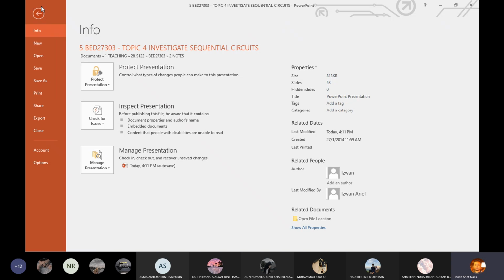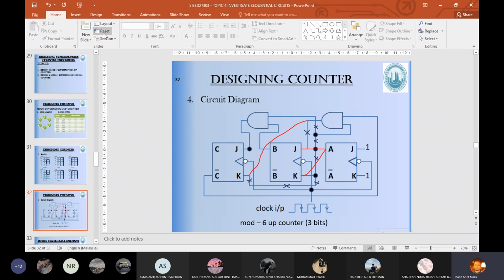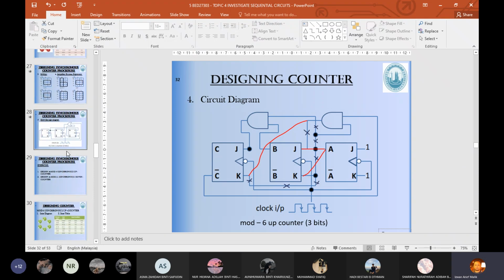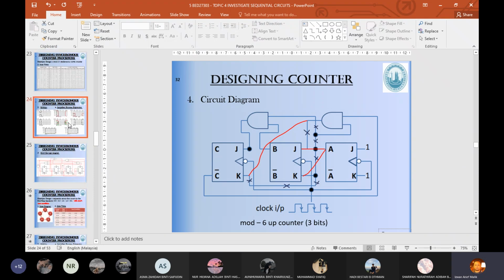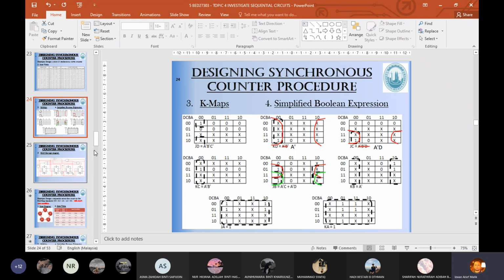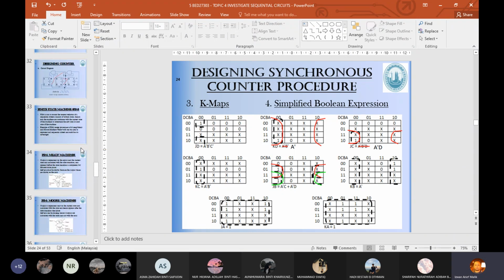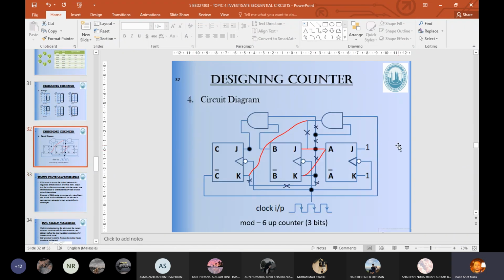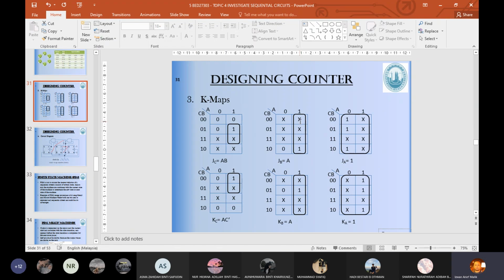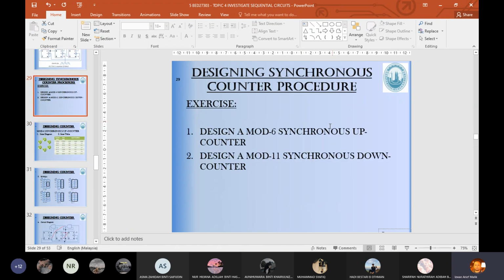Okay, so nanti saya upload balik dalam you punya e-learning. Okay, ada mistake dekat sini dan juga ada mistake dekat sini tadi. Alright. Then you have the solution lah. So this is the solution for this mode 6 up counter.